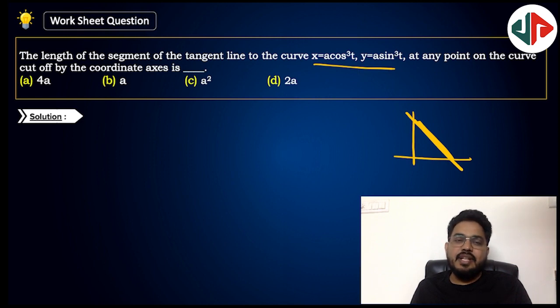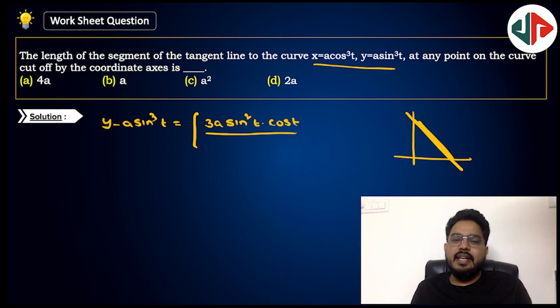Let us write the tangent equation first. y minus a sin cube t is equal to the slope of the tangent dy by dx, which is 3a sin square t cos t, divided by minus 3a cos square t sin t, into x minus a cos cube t.